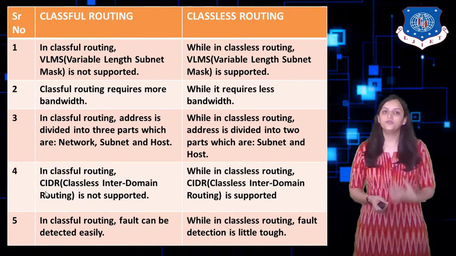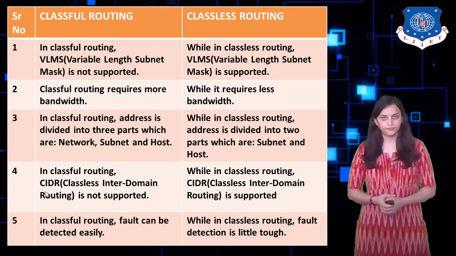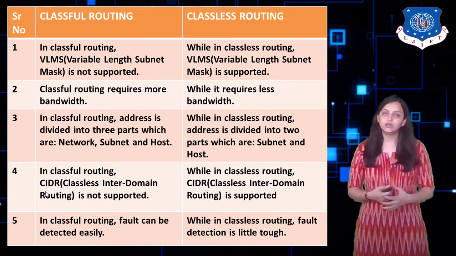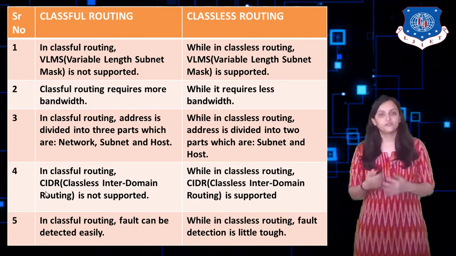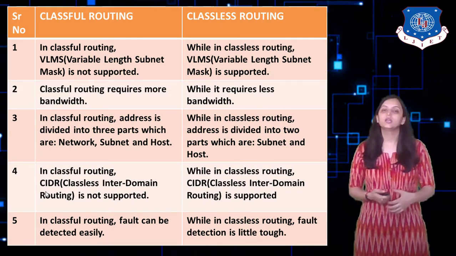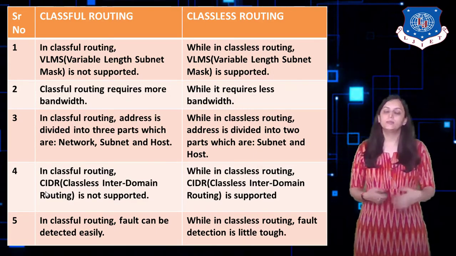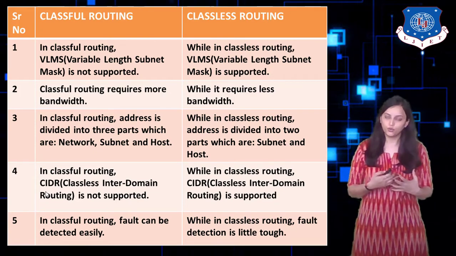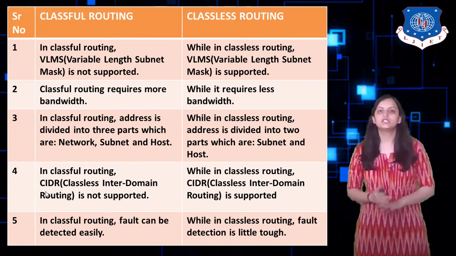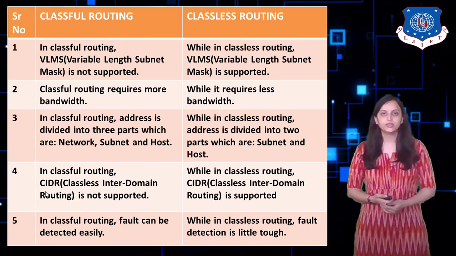VLSM stands for variable length subnet mask. Here, as we have seen earlier, the subnet mask is fixed in classful addressing. There is no change in the subnet mask in the particular network topology. So according to that, VLSM is not supported in classful addressing.